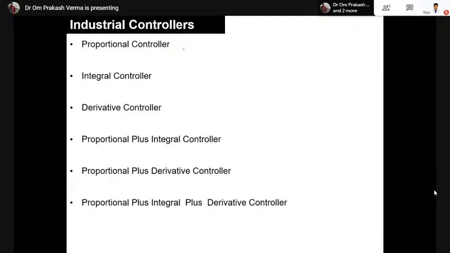So: proportional controller, integral controller, derivative controller, proportional plus integral controller. The shortened name of the proportional controller is P, of the integral controller is I, of the derivative controller is D, and of proportional plus integral is PI. Then PD, the proportional plus derivative controller, and then the proportional plus integral plus derivative controller, PID.